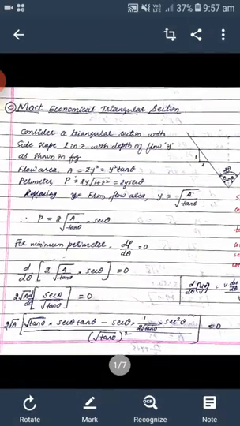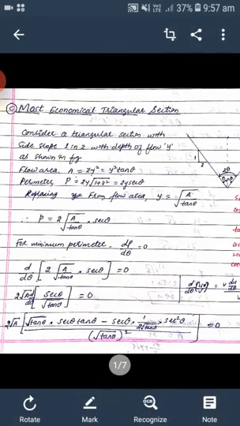Here again, for a minimum perimeter dP by d theta equal to 0, because the perimeter depends upon the angle theta. So with respect to theta, we have to differentiate the wetted perimeter. We have this equation, differentiate with respect to theta.